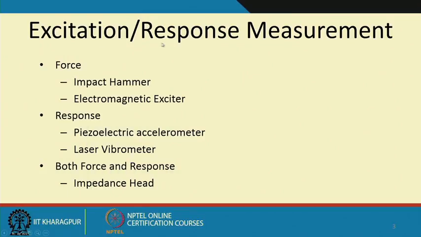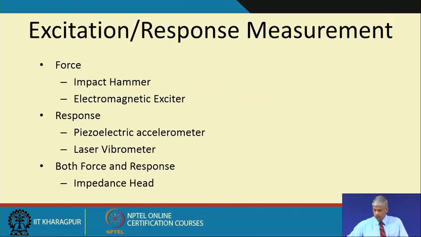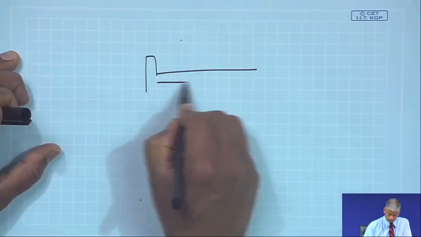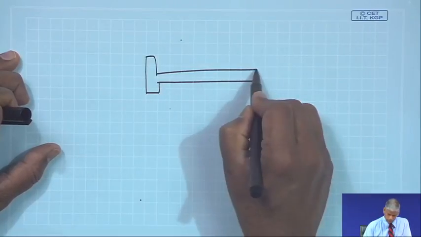So, to measure the excitation and response, to apply force, we can have an instrumented impact hammer or an electromagnetic exciter. This hammer is nothing but looks like a hammer.